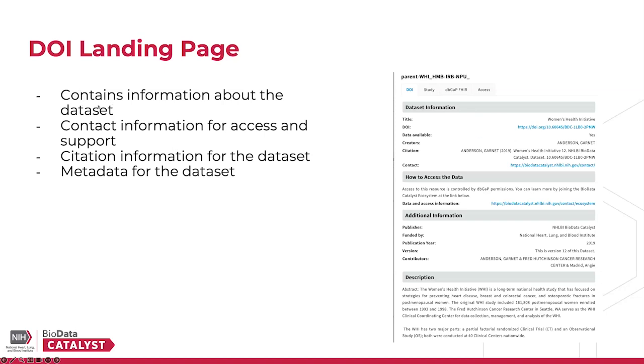And this landing page is required to contain information about the data set. So we have a nice description about the Women's Health Initiative, contact information and access support, and a nice little citation here in case you want to cite this in a paper. And then there's some additional metadata about the data set, like who it was funded by, when it was published, contributors, things like that.